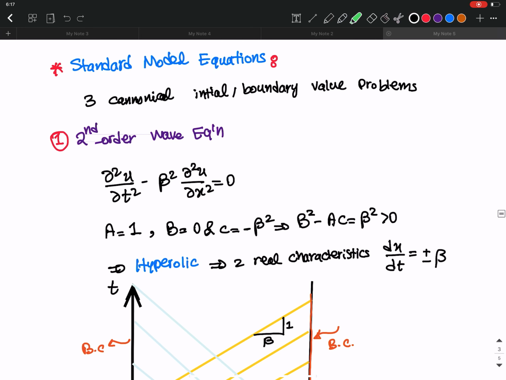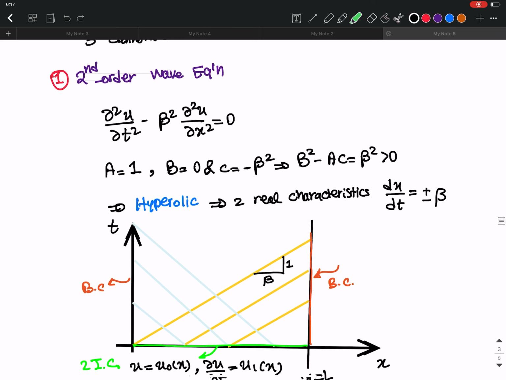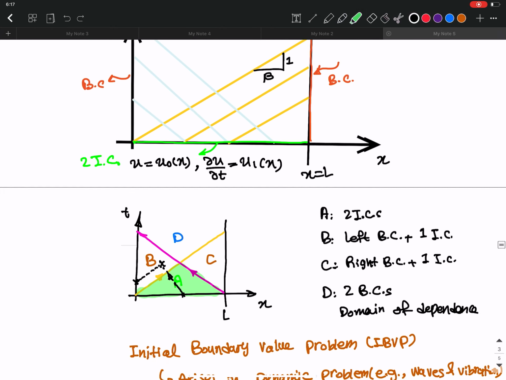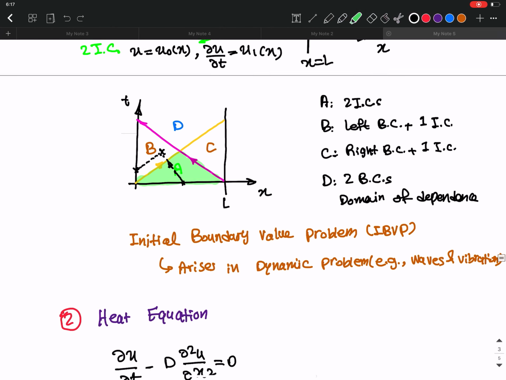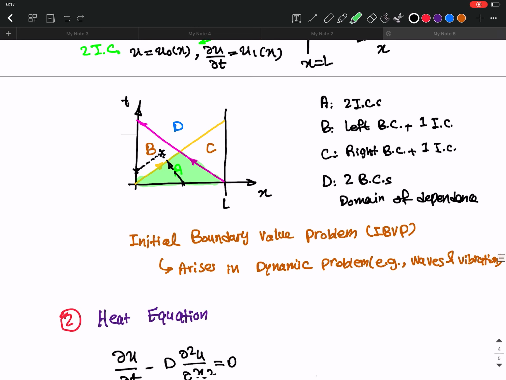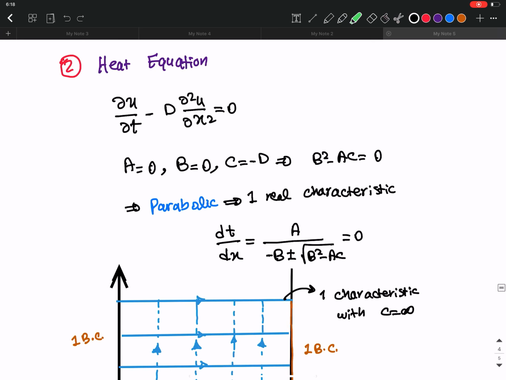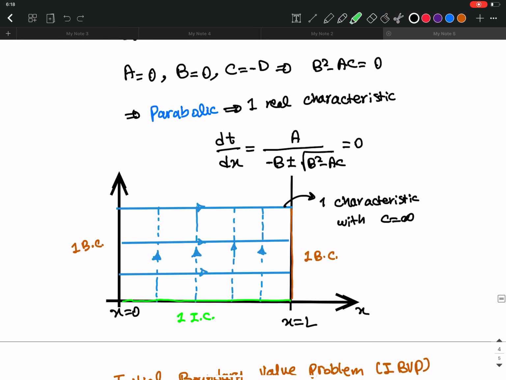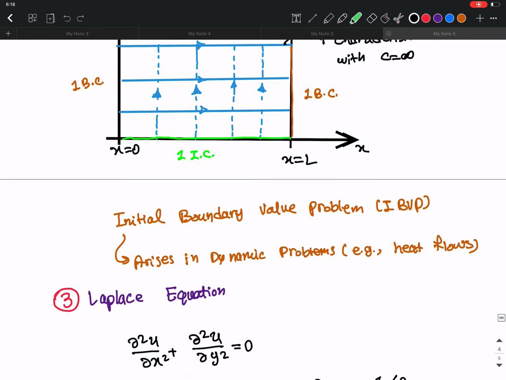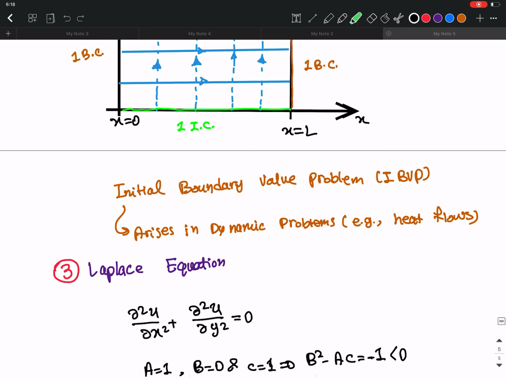After that, we started to classify those 3 canonical initial boundary value problems that we had discussed. The second order wave equation, which, as you see, is a hyperbolic equation, and we talked about the domain of dependence. The heat equation, which is a parabolic equation, only has one characteristic, and it's an initial boundary value problem.